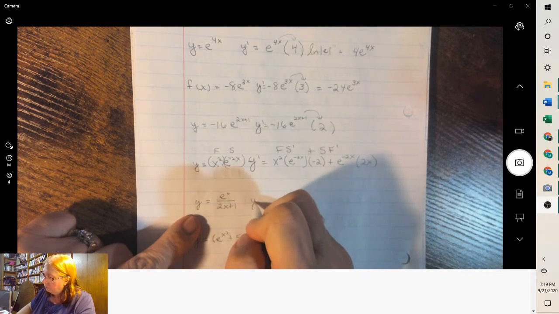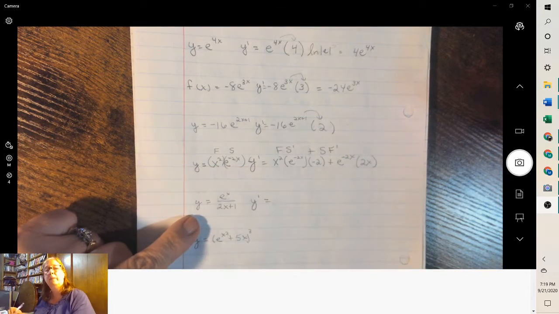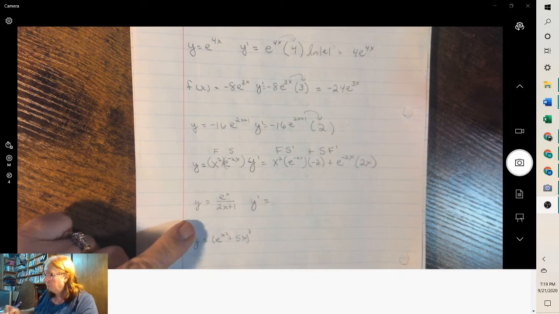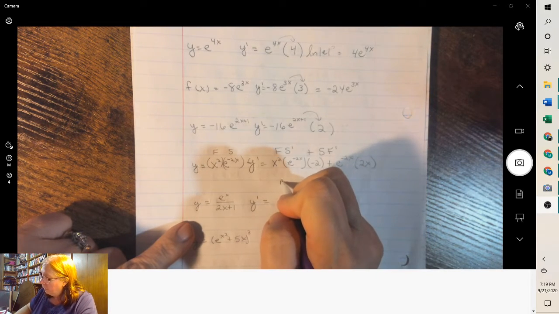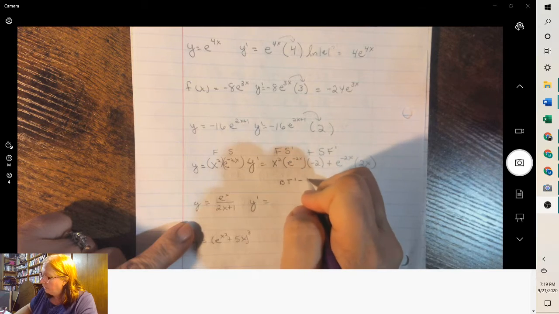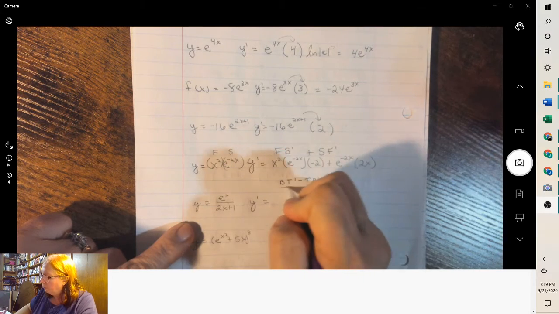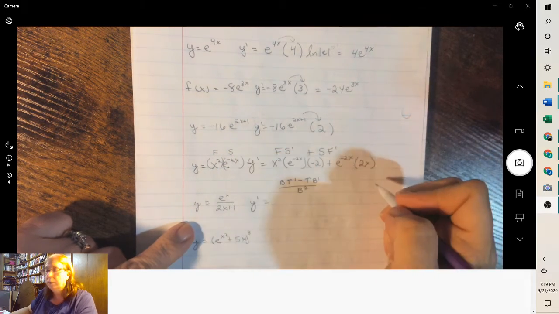This one uses the quotient rule. Bottom times the derivative of the top minus the top times the derivative of the bottom all over the bottom squared.